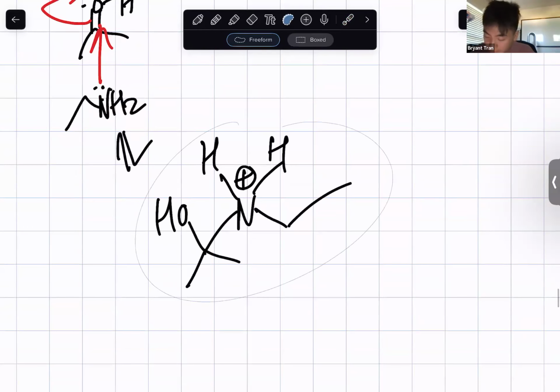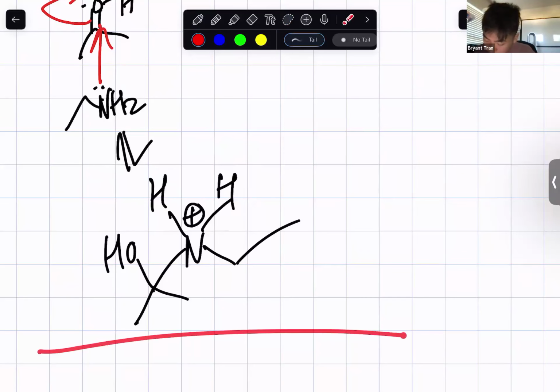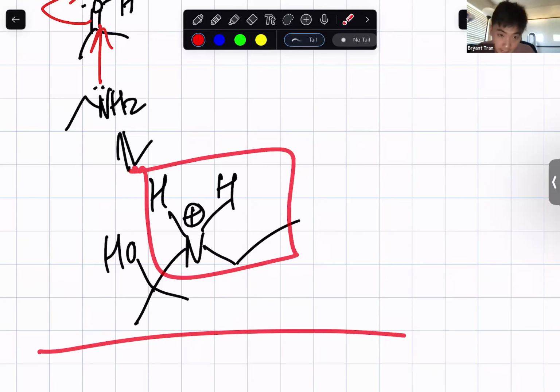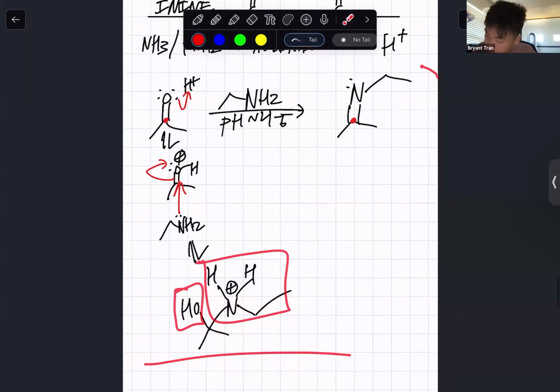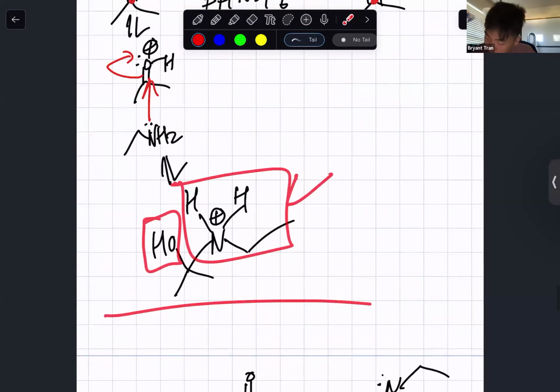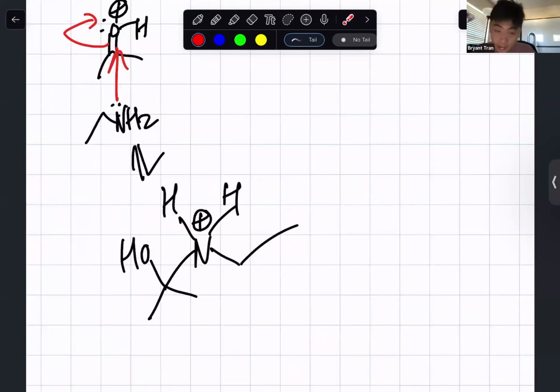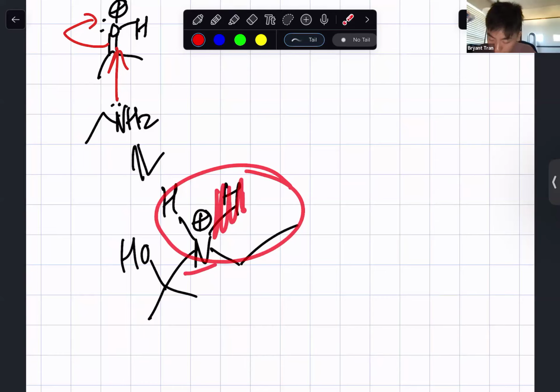Now, we have something called a tetrahedral intermediate here, where we have a good leaving group on this group and a bad leaving group on this group right here. But we see on the product we want an imine, a carbon double bond nitrogen. So we want to keep this group and we want to kick out this group. In the mechanism, you could do it at the same time here. You would want to make this into a bad leaving group by deprotonating it and making it neutral, and you would make this into a good leaving group by protonating it and making it positively charged.